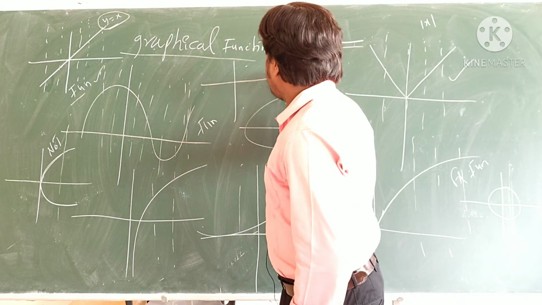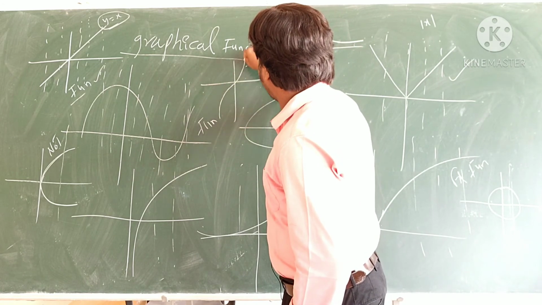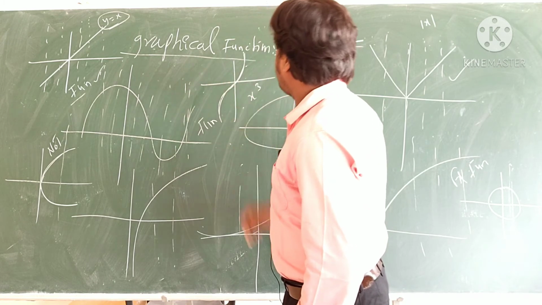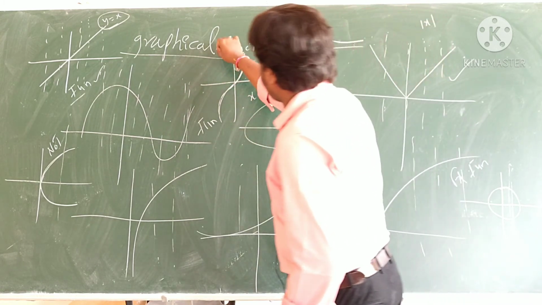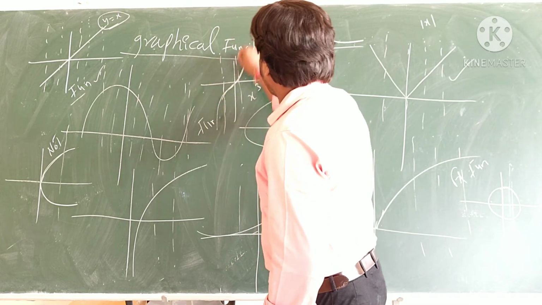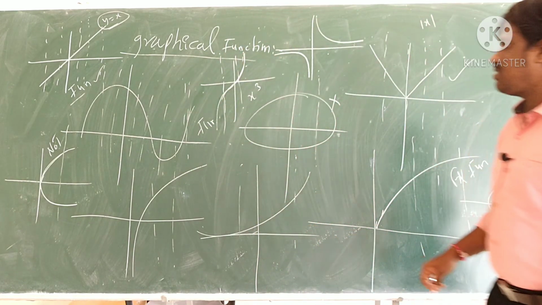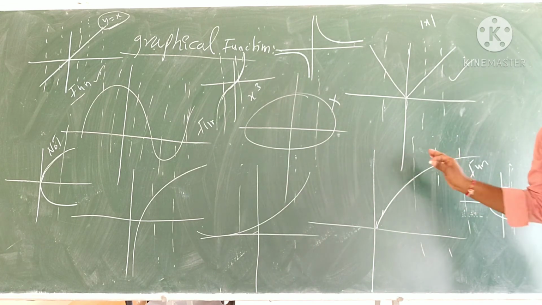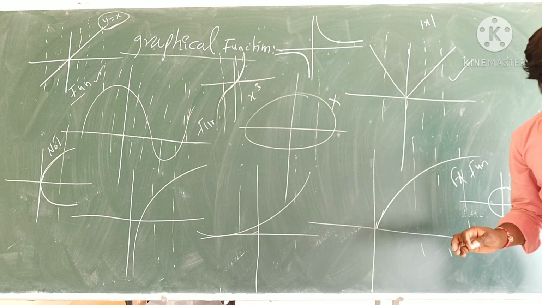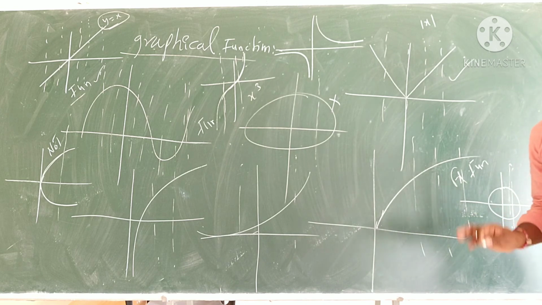This is the x cube function, the x cube graph. So it is a function. You can draw anywhere, it will cut at one point. Like all the functions you are going to learn in future. So this is just a representation to tell you which is a function and which is not a function.